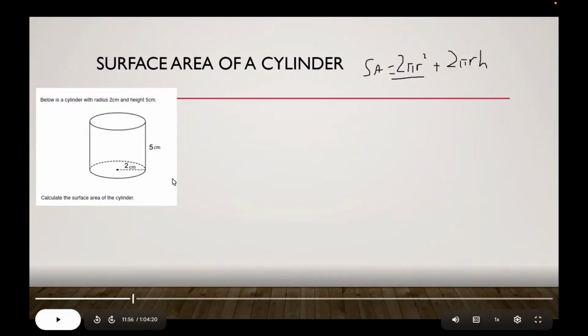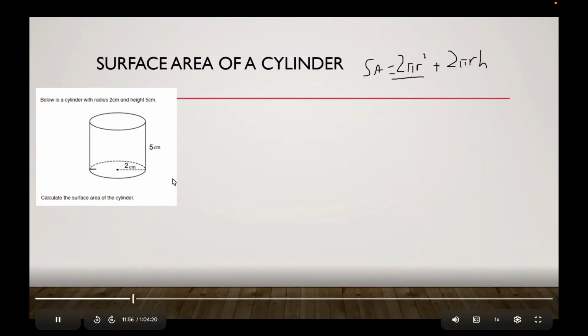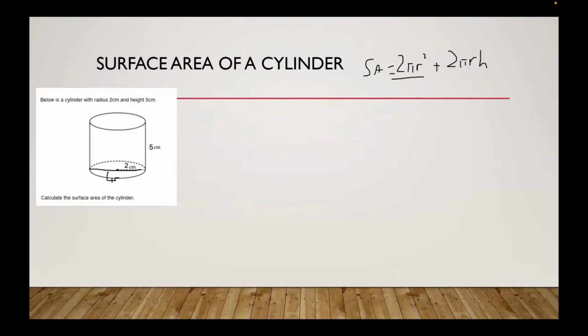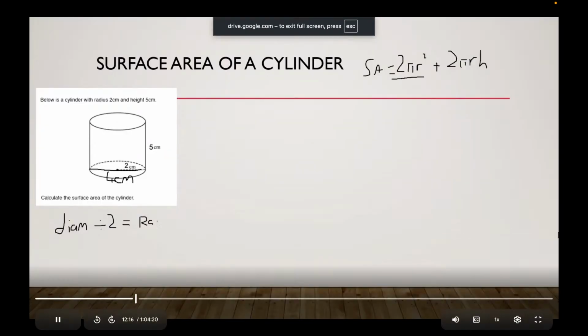That's so easy. Diameter, just halve it. Radius just means half of the full diameter. Say the diameter is 4 centimeters. If they provide you with the diameter, you need to make sure you halve it, or divide it by 2, to get your radius, because the formula only works for radius.